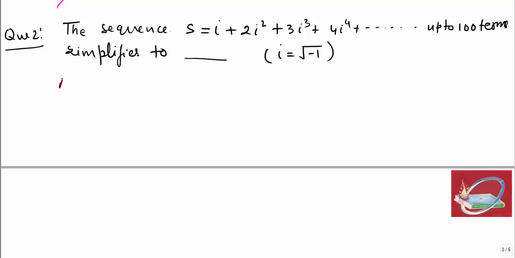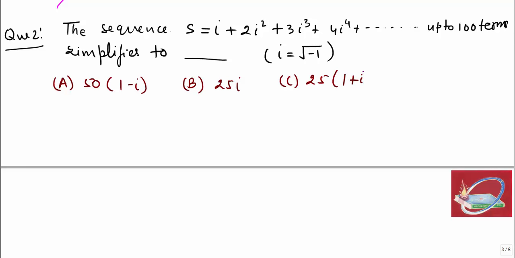There are 4 options. A, 50 times 1 minus iota. B option, 25i. C option, 25 times 1 plus i.